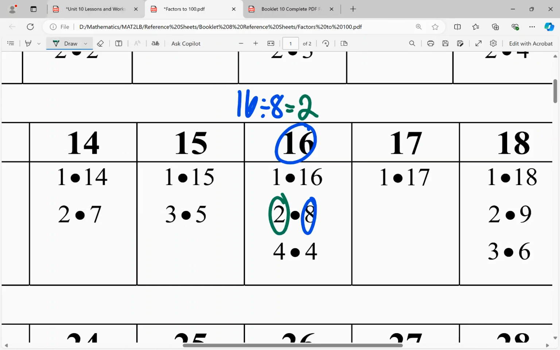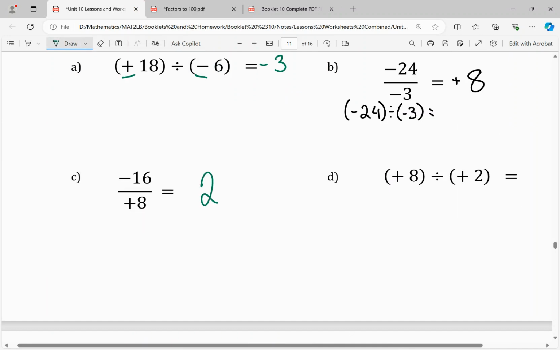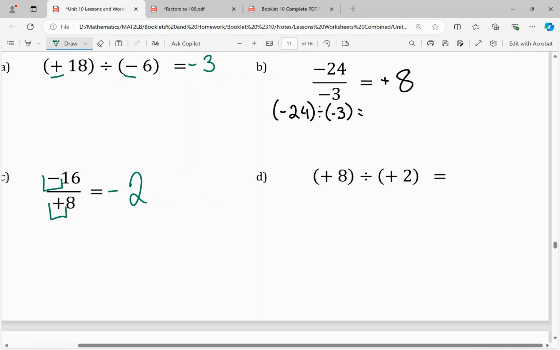Great, so we have the number, we just need the sign. The answer is 2. Now, since I have one negative and one positive, those are mismatching. They're different, so we have a negative quotient. Negative 16 divided by positive 8 equals negative 2.